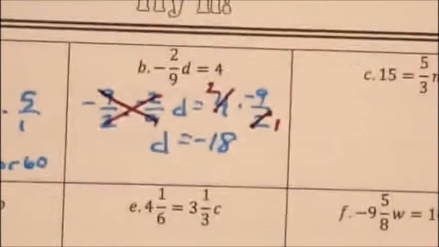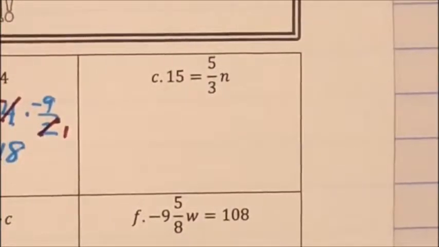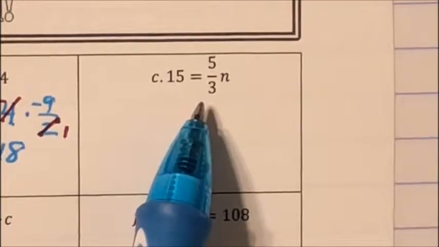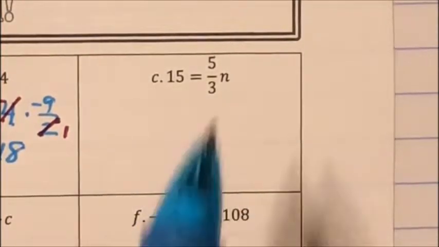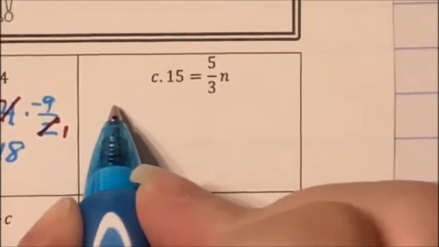All right, letter C. I have 15 equals 5/3 n. It doesn't matter what side of the equation it's on. Okay, remember we're balancing things. Whatever I do to one side, I have to do to the other side. So I still have a fraction here, which means I still need to multiply by the reciprocal. Okay, the reciprocal of 5/3 is 3/5.